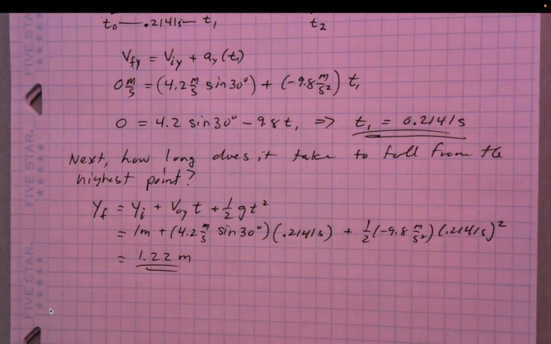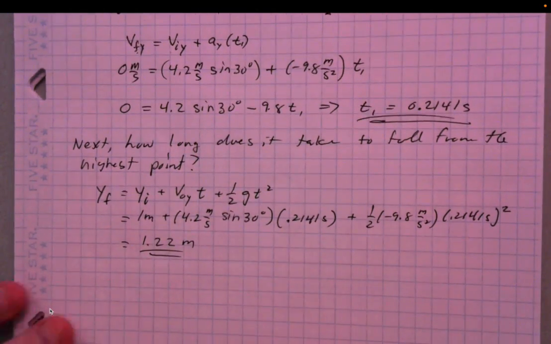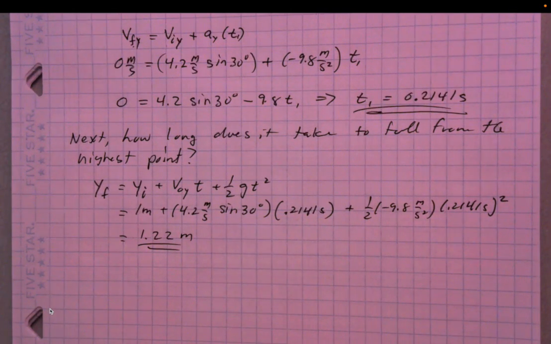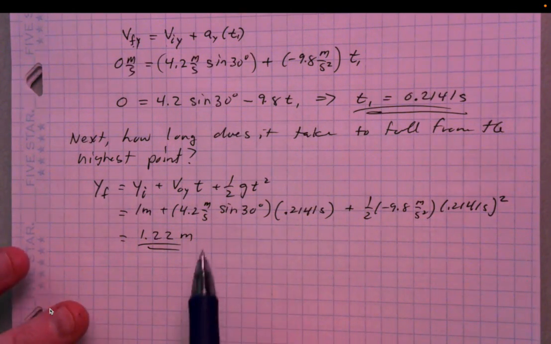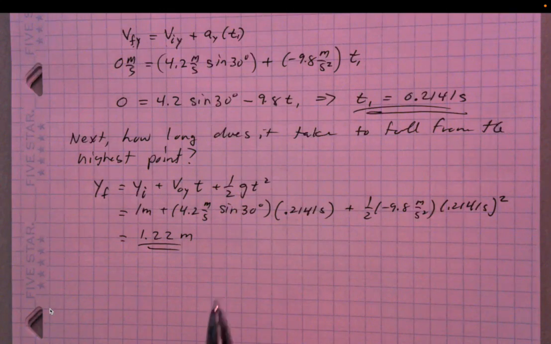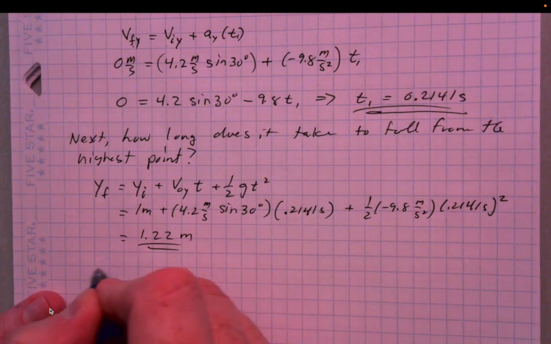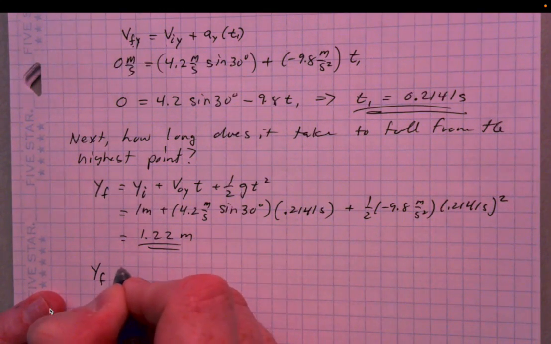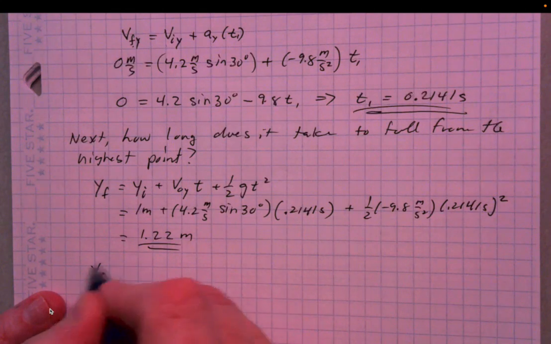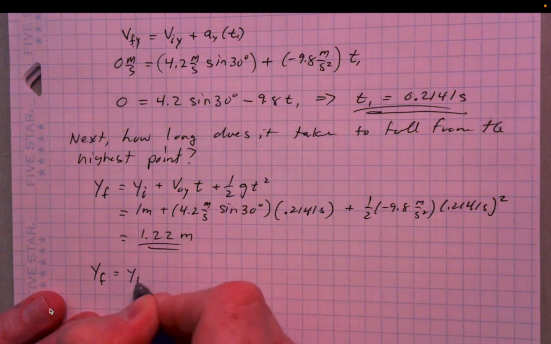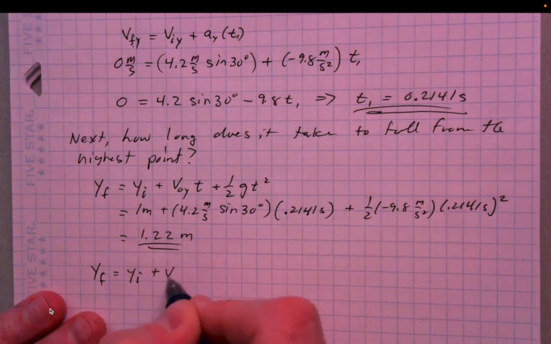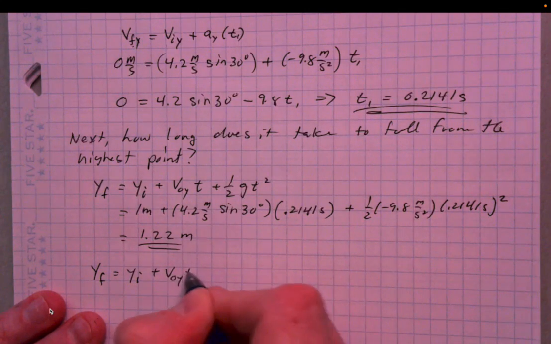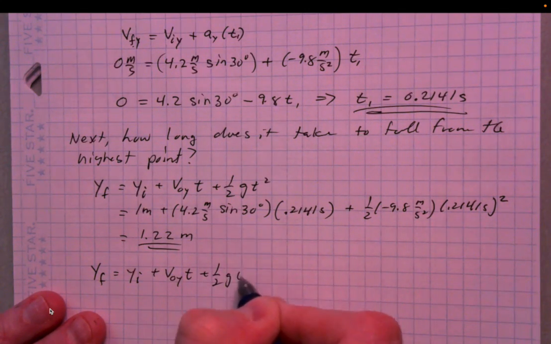Well, that's again just another iteration using this same expression, right? So we would say y final equals y initial plus initial velocity in the y direction times time plus 1/2 gt squared.